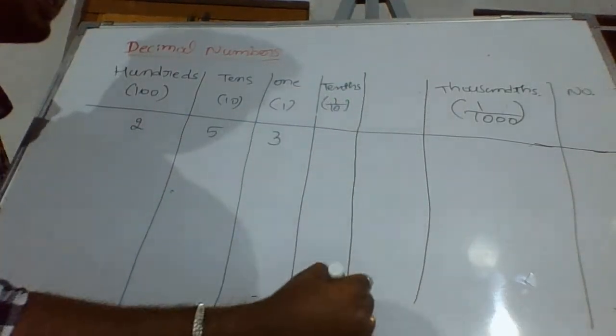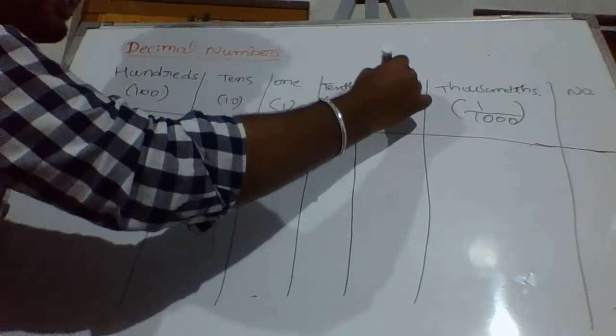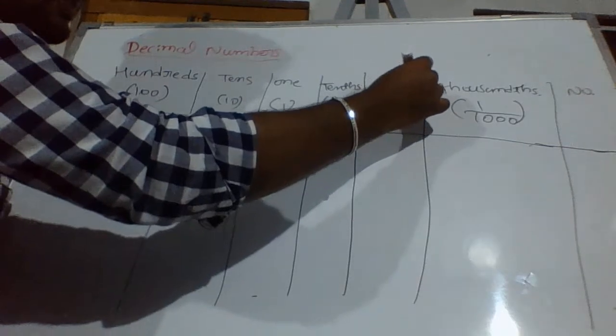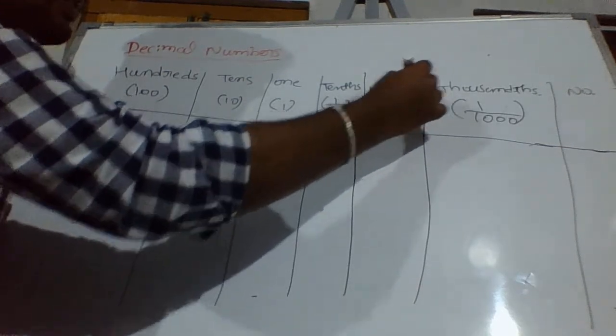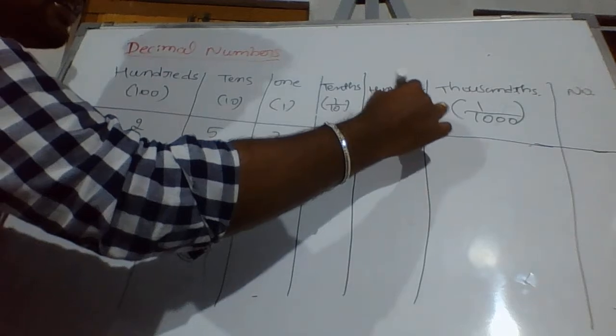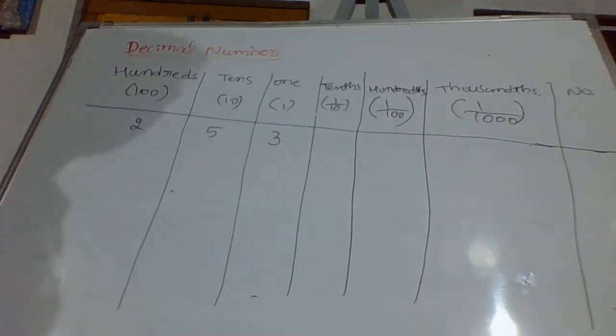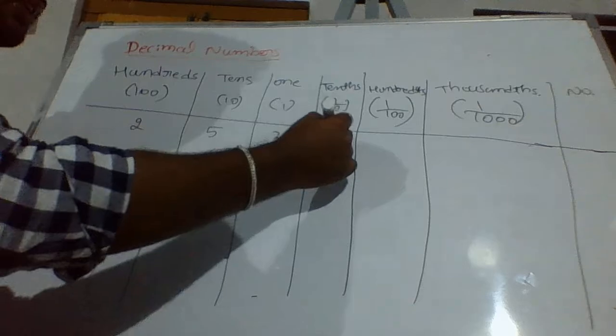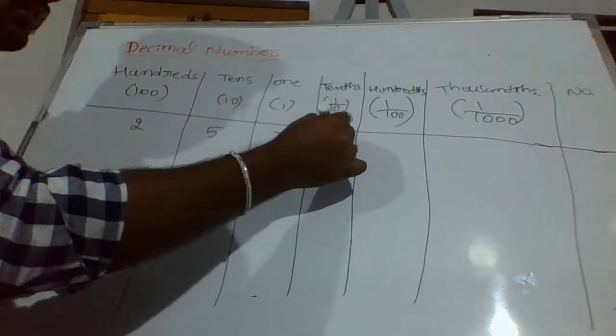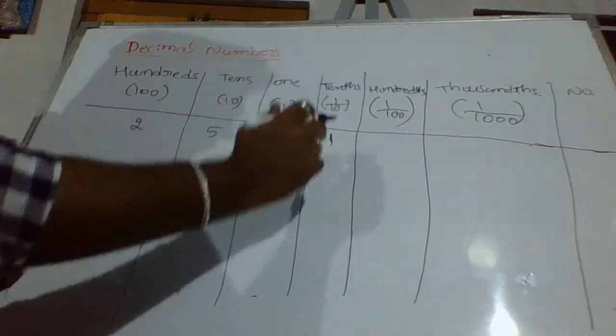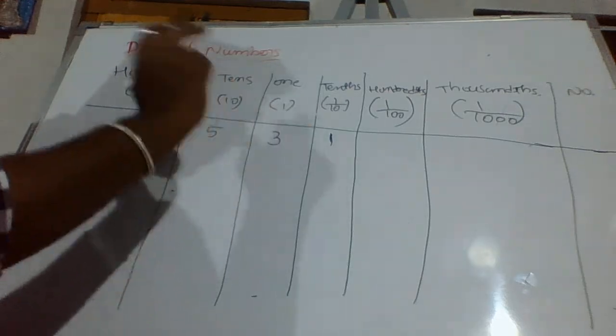After this is the hundredths place, which is 1 by 100. In the first row the tenths value is 1. This is the number which will come after the decimal point.